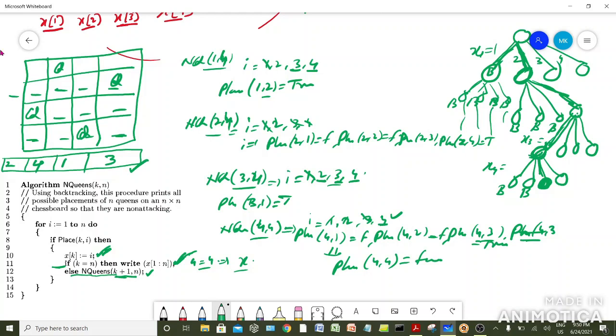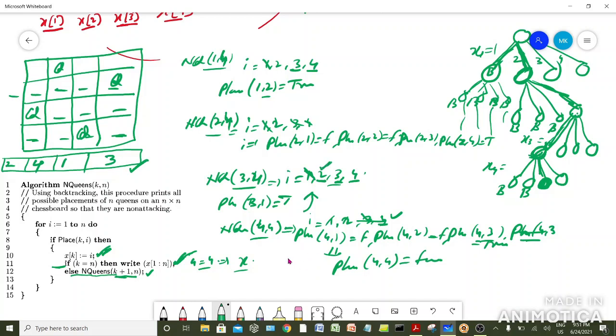Now I wish to inform that even after printing one solution we need to move forward because we wish to have all the solutions available for the n queens problem. Okay, so these 4 exhausted, it means we need to go to the third row, and within the third row only one was exhausted, so we need to check for the second one.